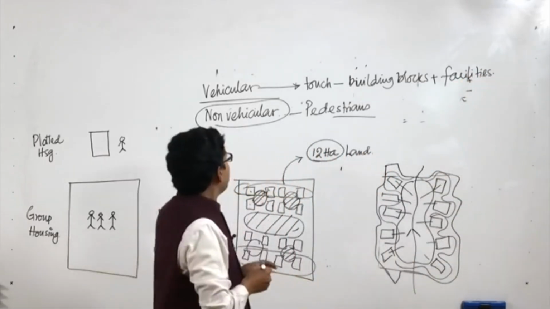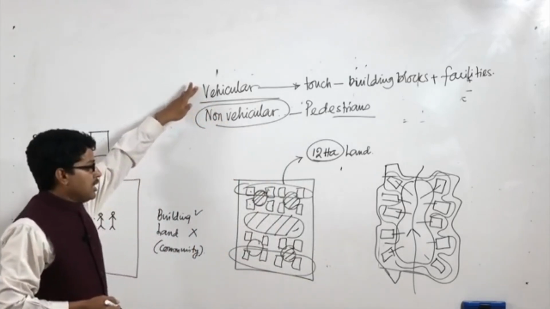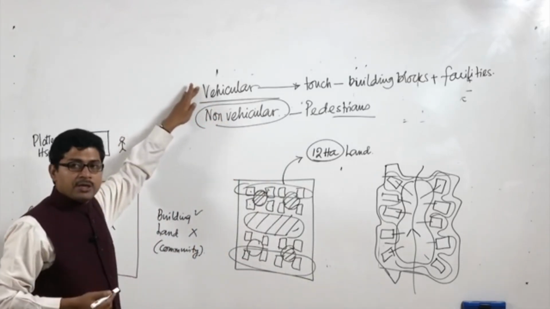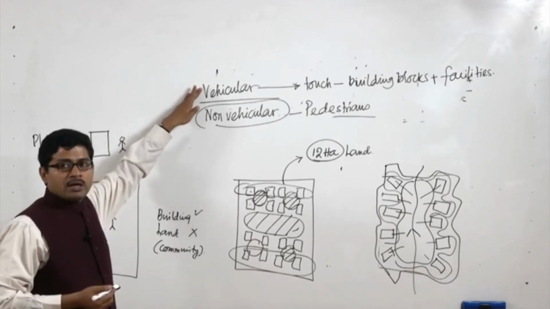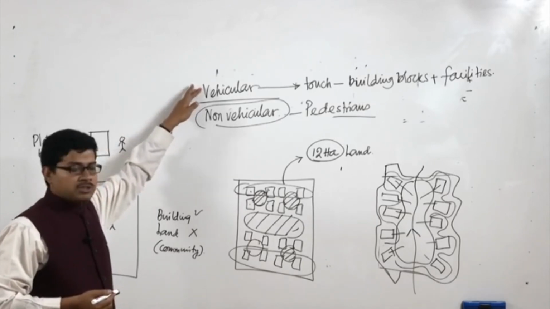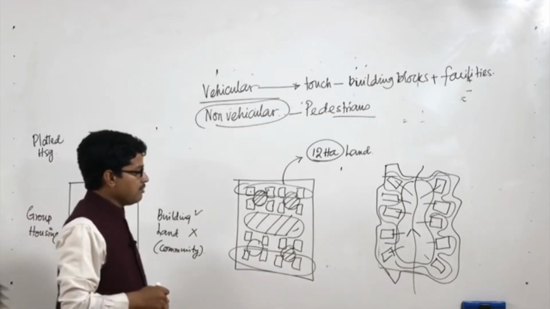But the vehicular access may not touch the open areas, recreational areas, but open areas or recreational areas must be connected with the pedestrian approach. So, pedestrian access is very important.